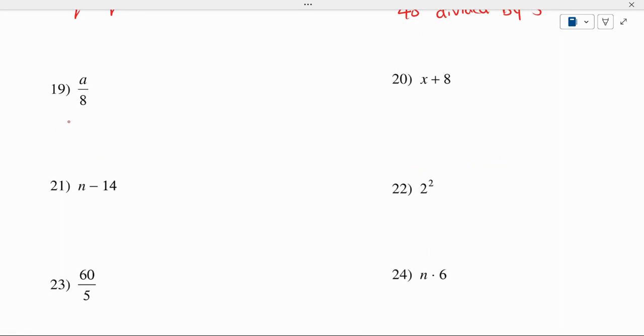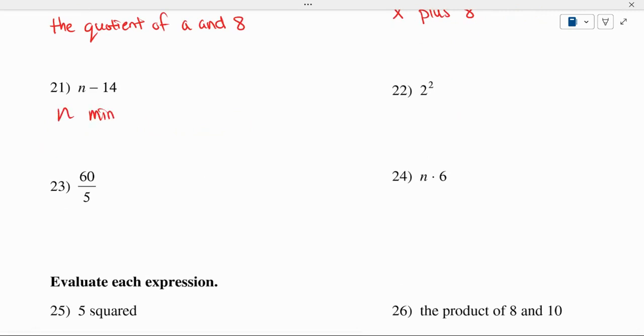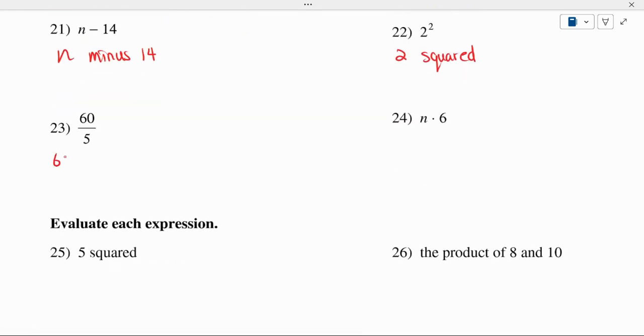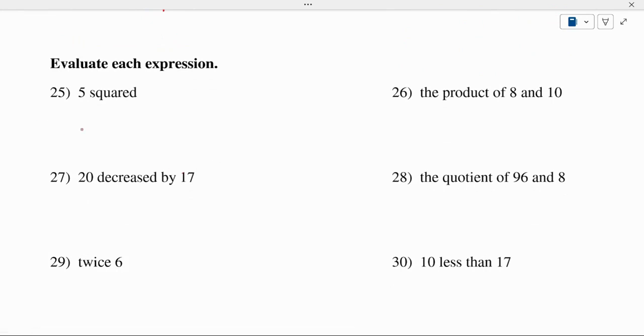And the quotient of a and 8, x plus 8, n minus 14, or the difference between n and 14. 2 to the power of 2 is 2 squared. 60 divided by 5. The product of n and 6.